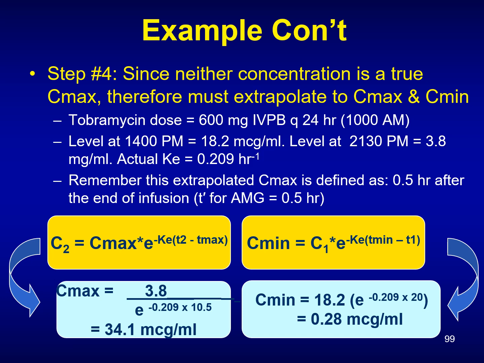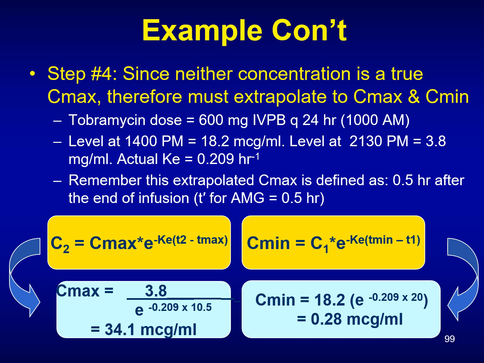So, if the dose was given at 10 a.m. and took half an hour to infuse, and Tmax occurred half an hour after that, then Tmax occurred at 1100. So the time difference between T2 and Tmax is 10.5 hours. So Cmax is equal to 34.1.